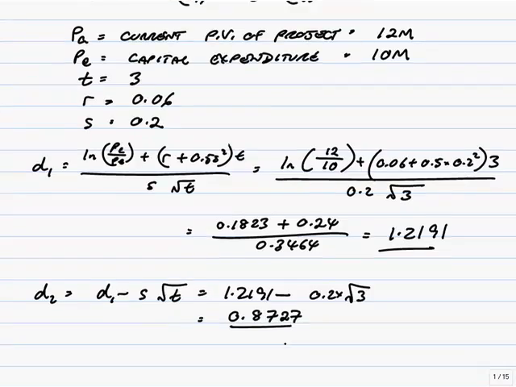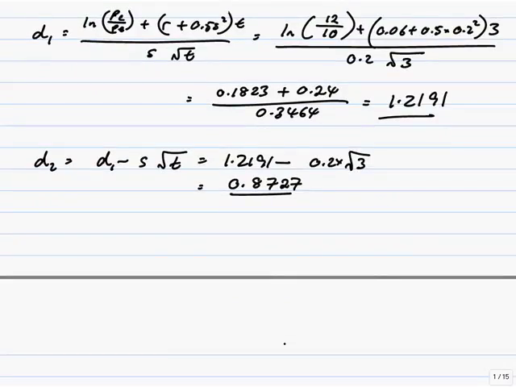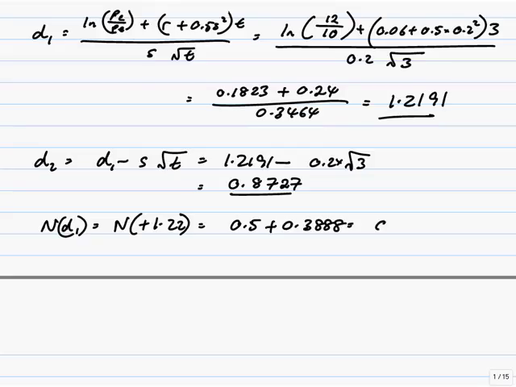There's D1, D2. We need N of D1 and D2, so use the normal distribution. N(d1) is N of 1.22. It's positive here, so it'll be 0.5 plus the table figure. And the table figure, 1.2 down the side, 0.02 along the top, is 0.3888.